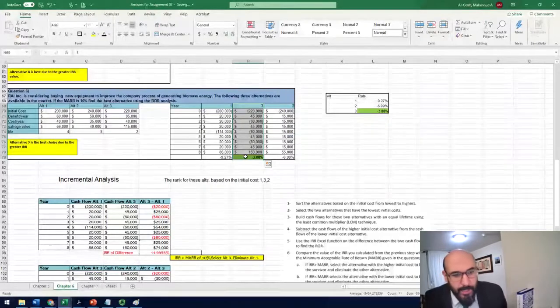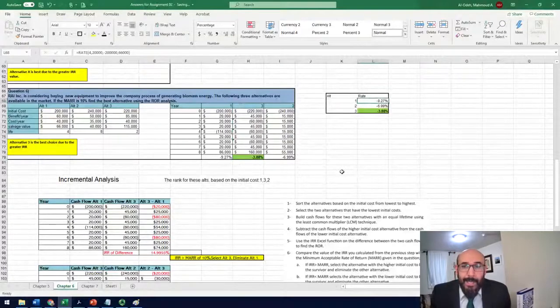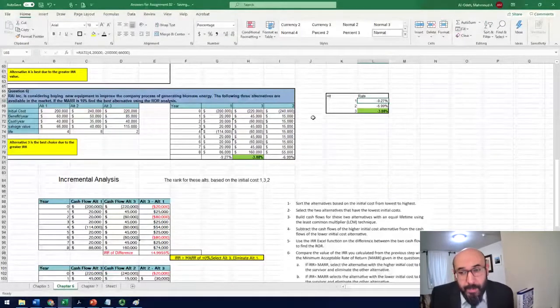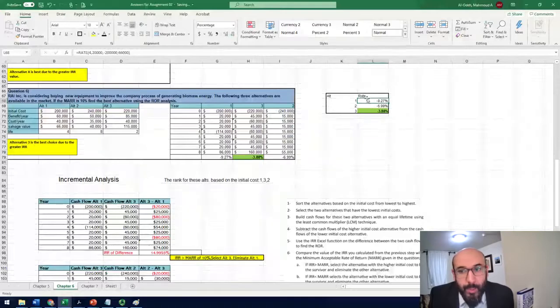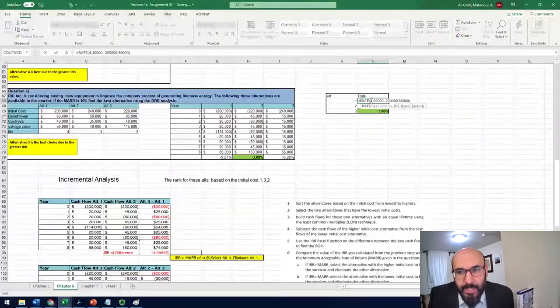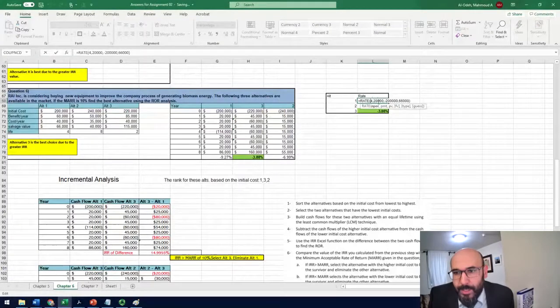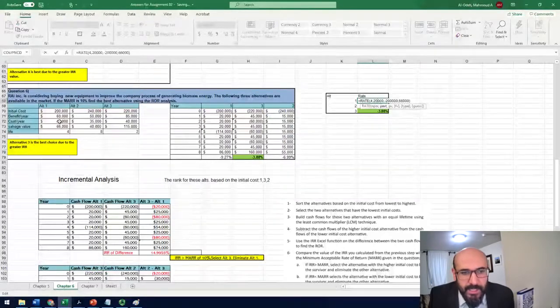All right, now let's take a look at another way, technique number 2, which is using the rate function. For the rate function, I put 4 years for alternative 1, and the payment is 60 minus 40.